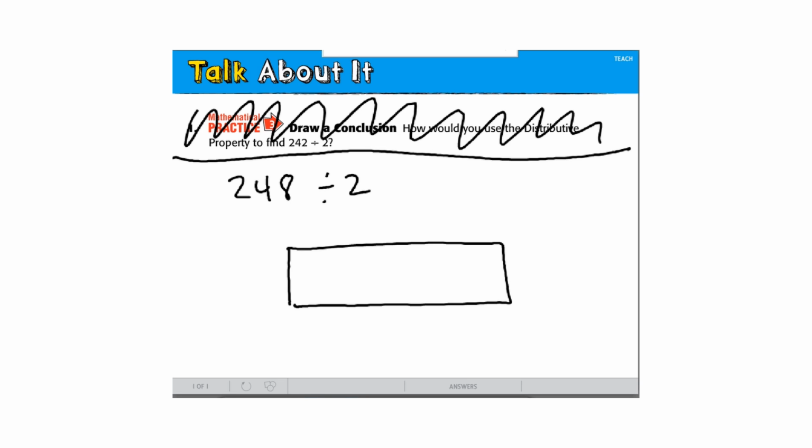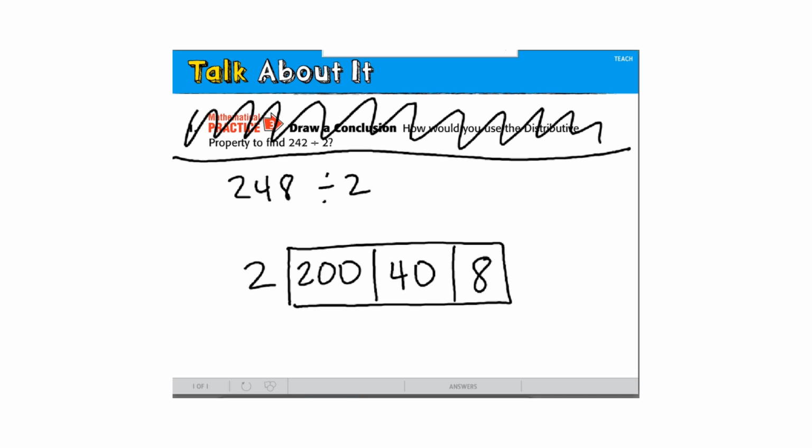So I'm going to decompose this number by taking out the hundreds, taking out the tens, and then taking out the ones. So the number I'm dividing by is over here. It's 2. That's the number I'm dividing by. Then I'm going to break up 248 into 200, 40, and 8. Everybody see how I did that?